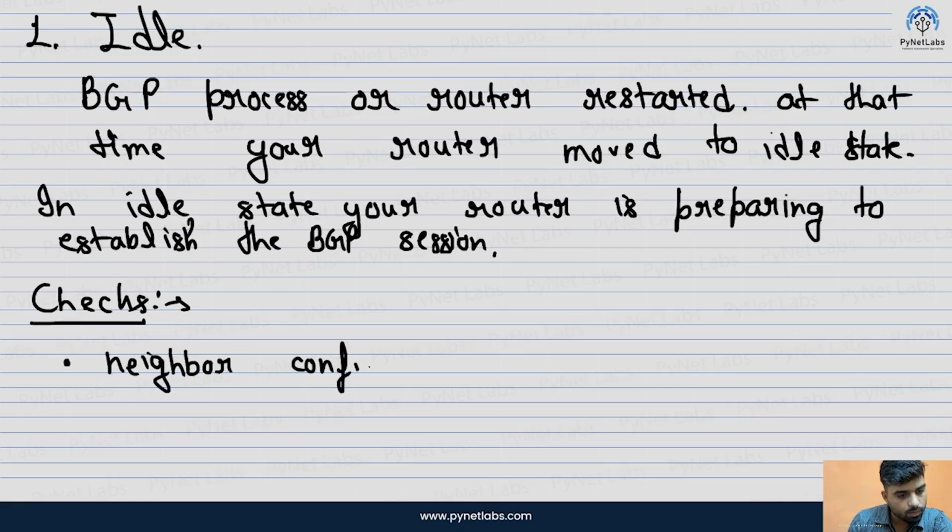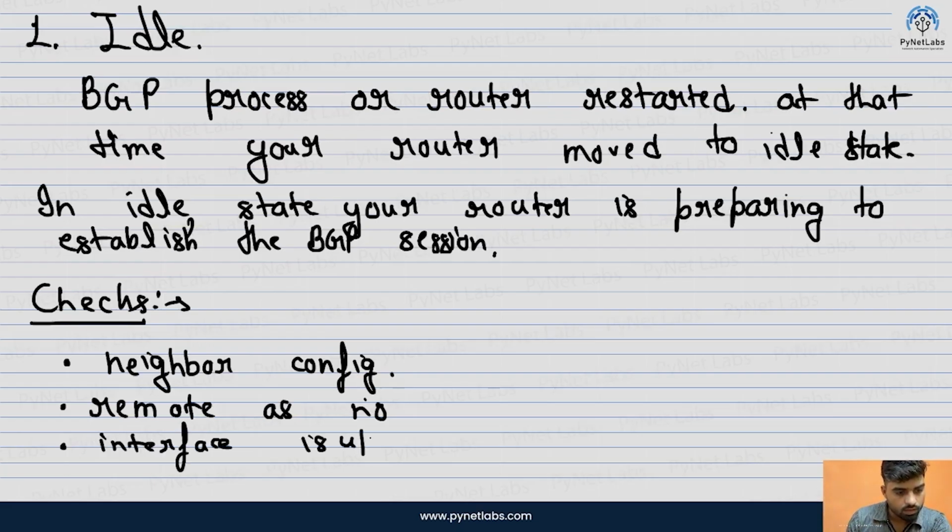Apart from this, the remote AS number is checked. After this, some more things are checked: whether the interface is up or not, and the IP route to the neighbor. So these are the things which are checked in the idle state.